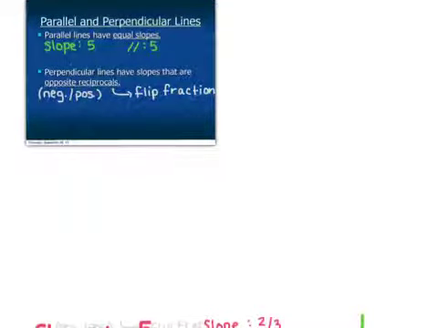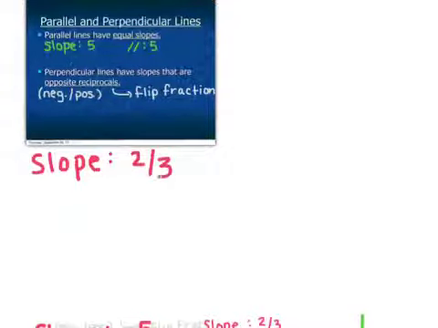So let's say I have a line that has a slope of 2/3, and I want the slope of the line perpendicular to that. By the way, perpendicular lines, if you recall, are lines that cross at a 90-degree angle.